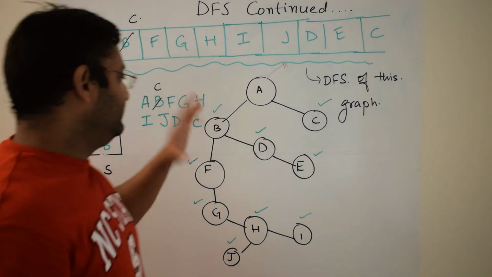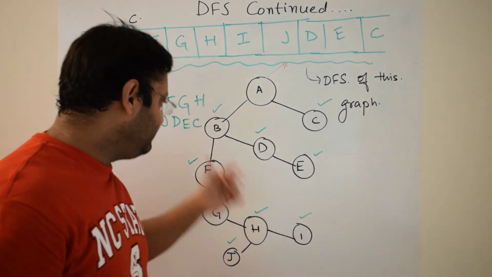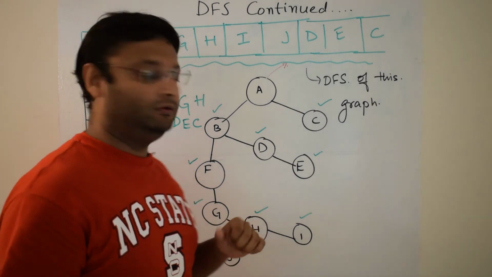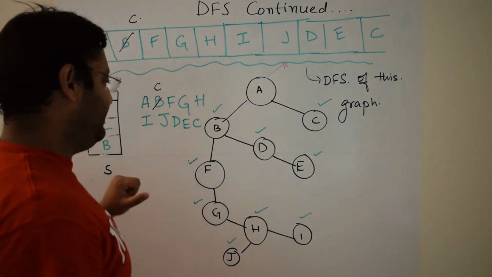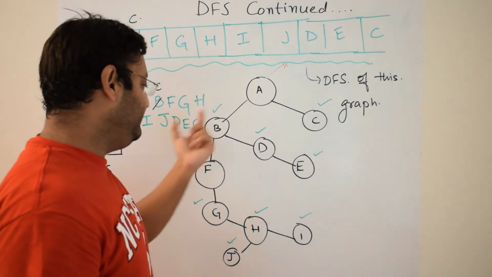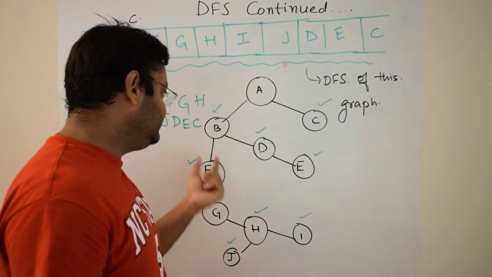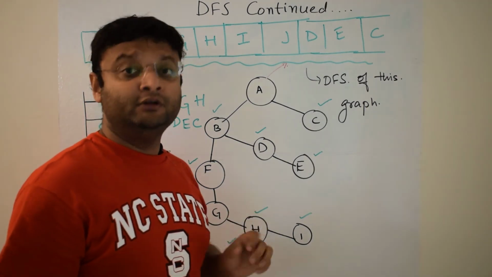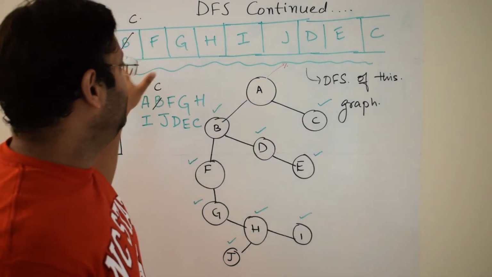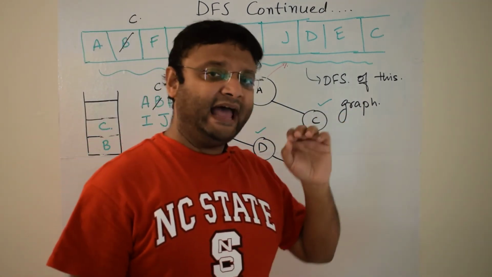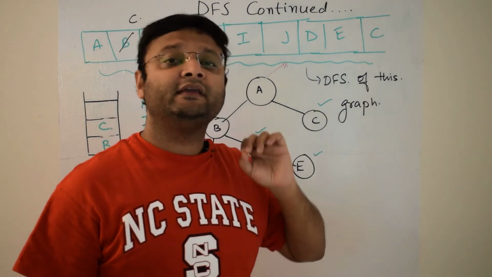And you could see, similarly, when we went through this path, we could have gone through this path also. When we went through this path, we pushed D first and then F. But had we pushed F first, we would have gone through this path. So there can be multiple answers to this question, and that precisely has been asked in GATE also.